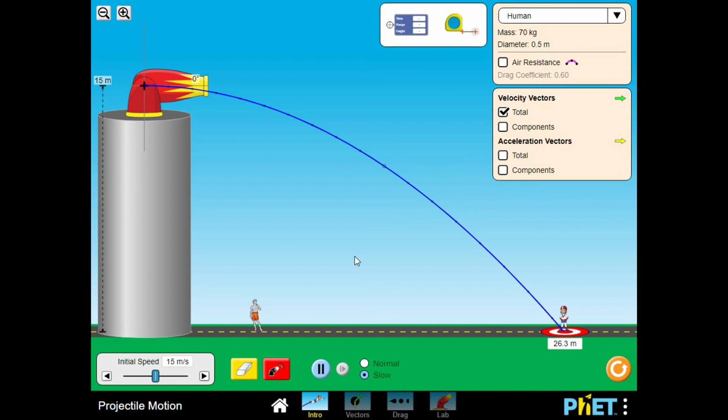Now the components of velocity. The total velocity comes from Vx and Vy.